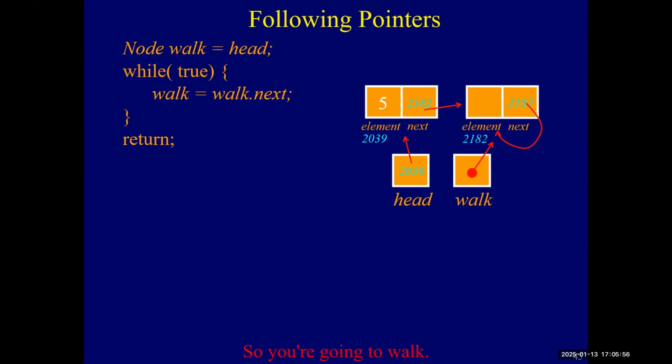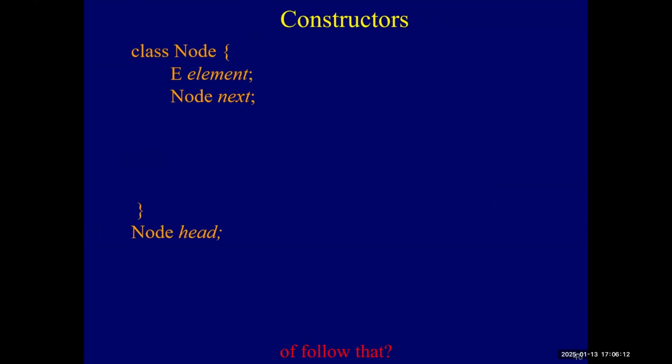So you're going to walk. Now what's this code going to do? Walk's going to point where walk.next is pointing. So what's it going to do? It's going to walk forever. Everybody kind of follow that? You want to write code that goes forever? There's code that goes forever.